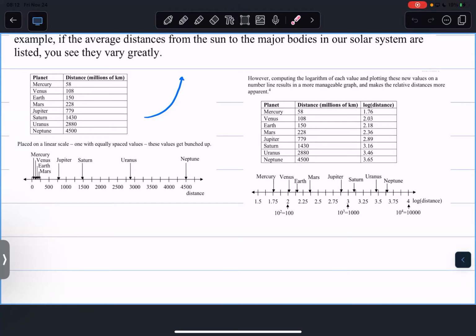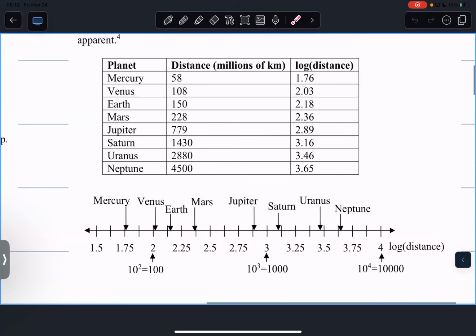So where were we? We took the log of 58, and you can just use your calculator to calculate these, but these become nice and breezy numbers. How do we get to 2, for example? 2.03.